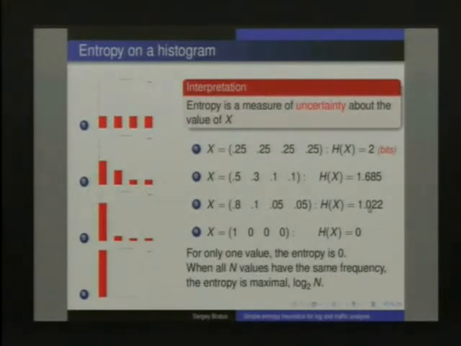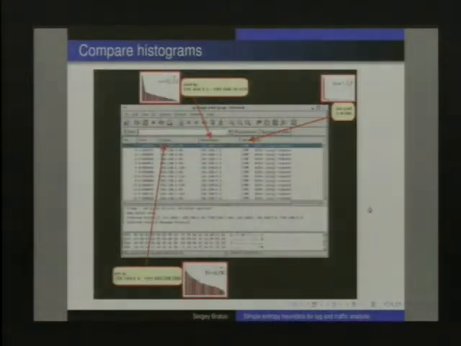The entropy of having only one value, perfect knowledge, is 0. Well, when all n values have the same frequency, entropy is maximal and it's log n. And for everything else, it's in between these bounds. So now, for each histogram, I have a one-number measure of the uncertainty of this associated distribution.